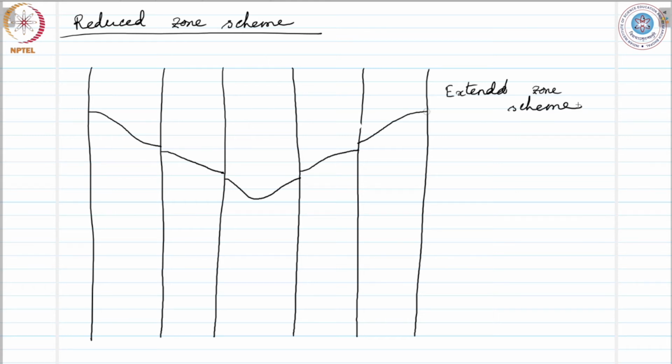And if we now plot everything within the first Brillouin zone, that would be the reduced zone scheme. That means we would have this one translated here and this one translated here. We will have a band looking like this. Sorry for my drawing, but this is the idea. This one is called a reduced zone scheme.